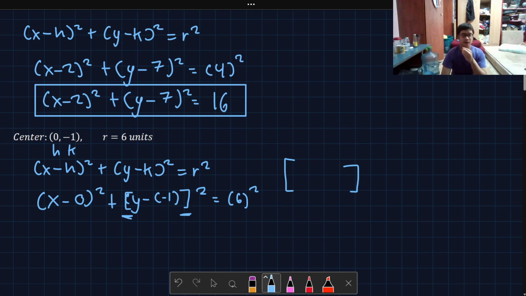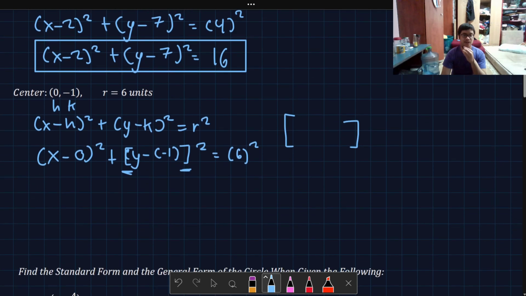Well, because if there exists a parenthesis inside, for example, let's just say I have x minus 1, and then quantity, let's just say 2x plus 4, like that. And then let's just say, outside, it acts also as a parenthesis.